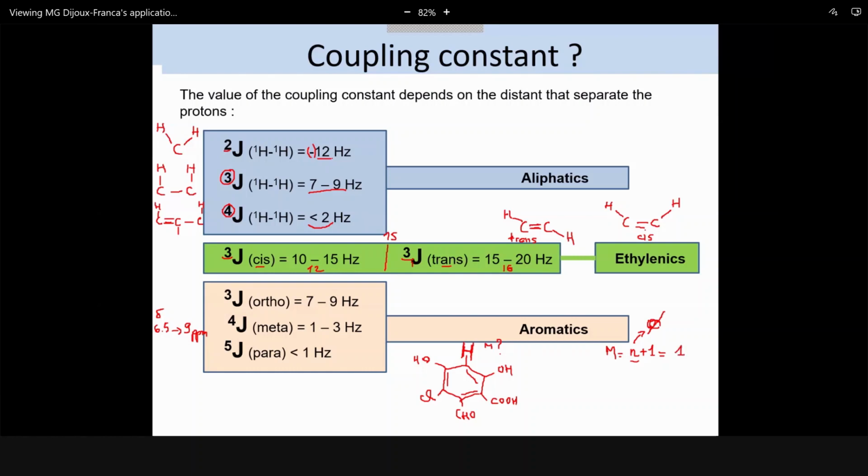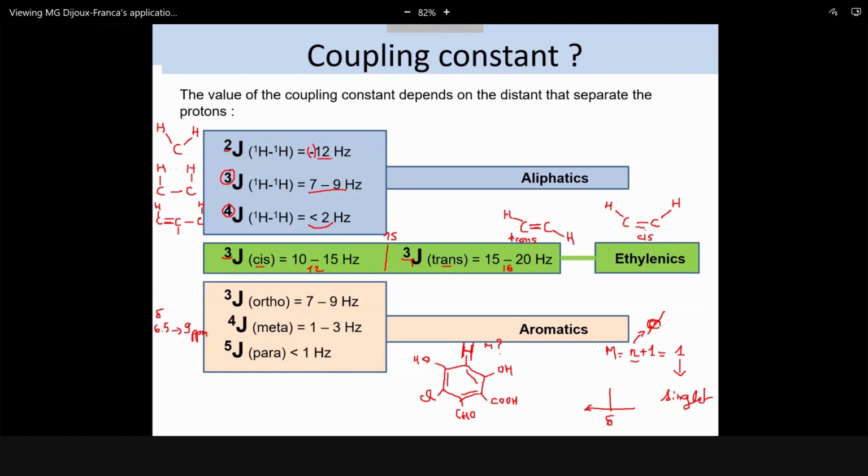So if the multiplicity is 1, what is the signal called? We have something like that with only one line. What is the name? It is a singlet.